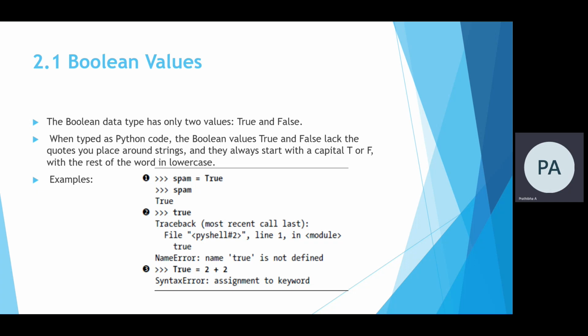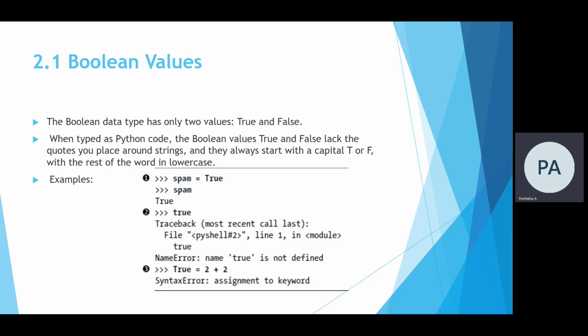Now if I write lowercase true, you are going to get an error, saying it is not defined. And if I write true is equal to 2 plus 2, you will get a syntax error. That means True is not a variable.